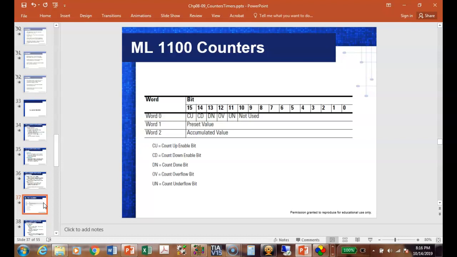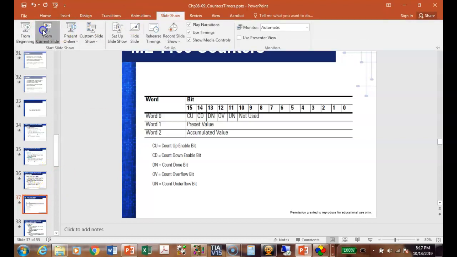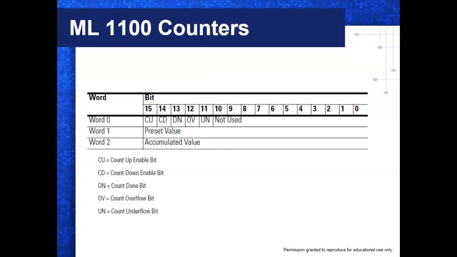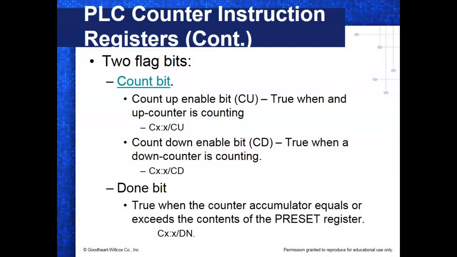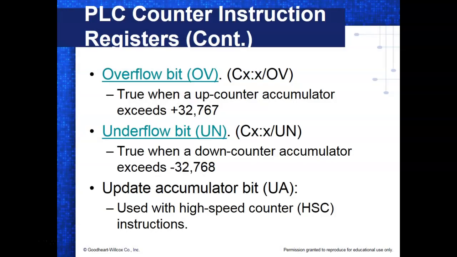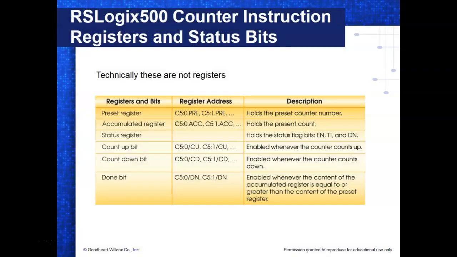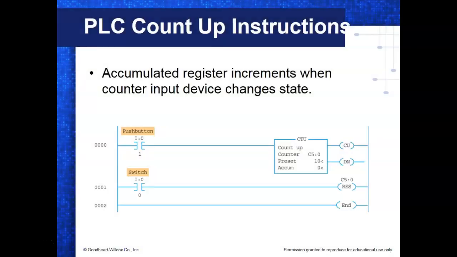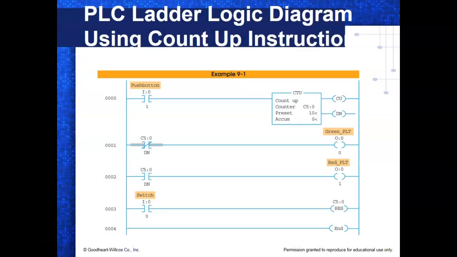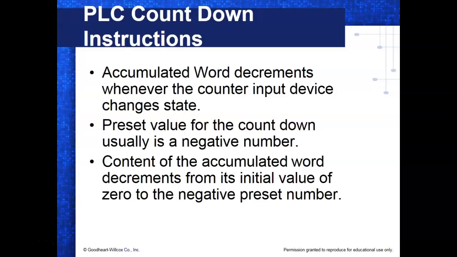So here's their actual address, by the way, which, thank goodness, we don't have to know because they're giving us names instead of addresses. See, done bit, overflow. Are we okay there? And we already know that.